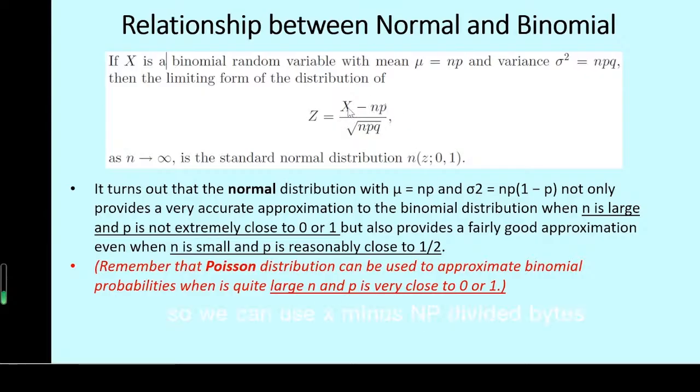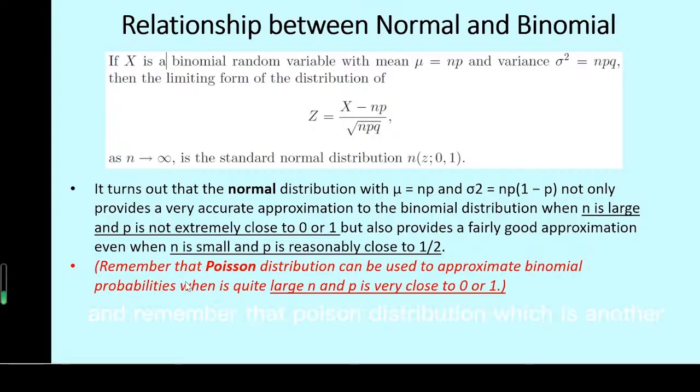So we can use x minus np divided by the square root of the binomial distribution's variance, transforming to a z value, right? So just look at it as a normal distribution with mean equal to np and variance npq. So this z will be approximately a standard normal distribution, with 0 mean and standard deviation 1.